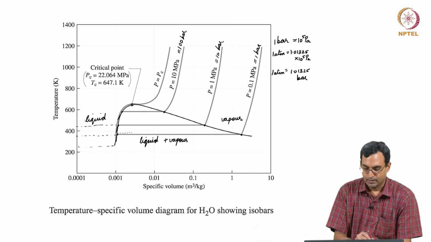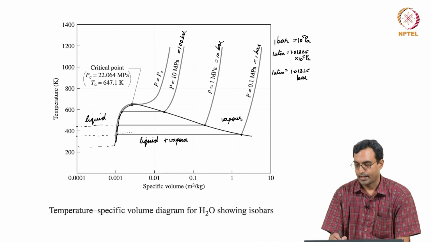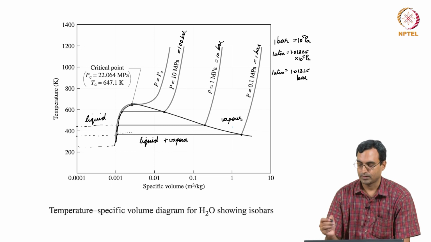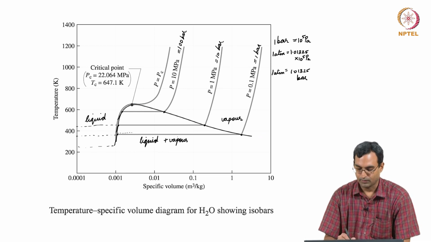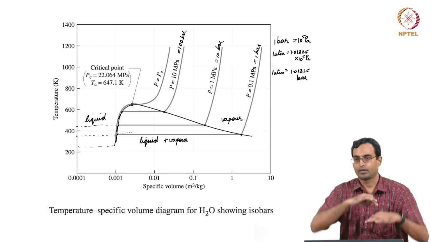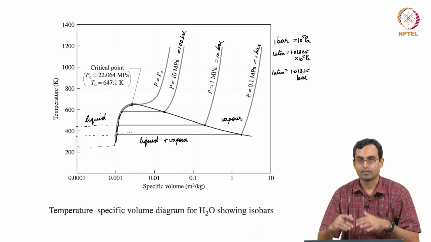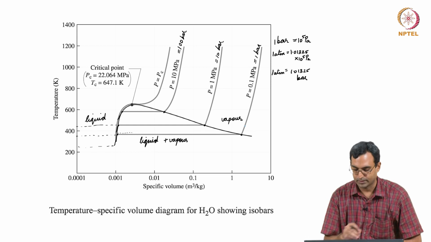So, we have liquid over here on the left, we have a mixture of liquid and vapor over here, and we have only vapor on the right. So, this entire curve is what we usually call the liquid vapor dome, because it is liquid plus vapor, it is sort of the shape of a dome. This liquid vapor dome has liquid on the left hand side and vapor on the right hand side on this T-v diagram.